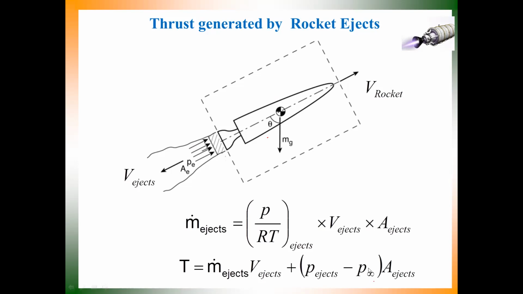This area of ejection is the area of exit. The first term in the thrust equation is called the momentum thrust.